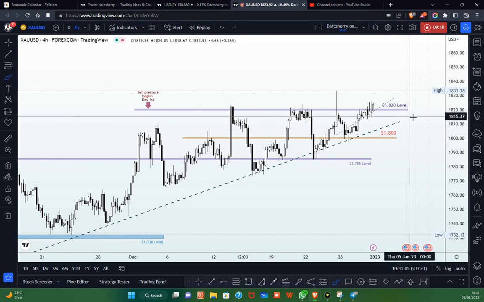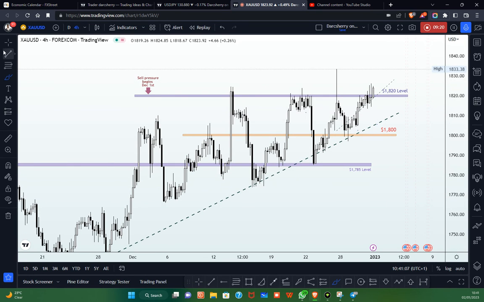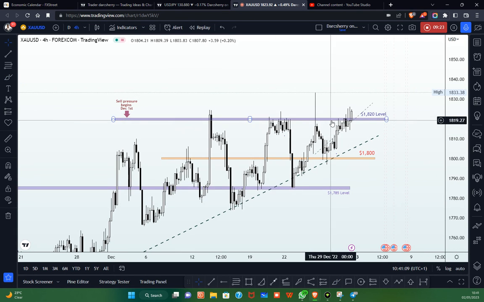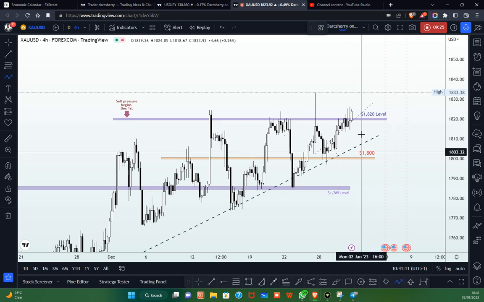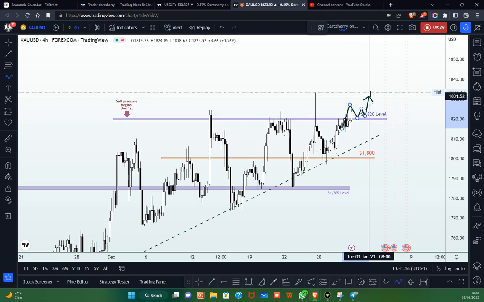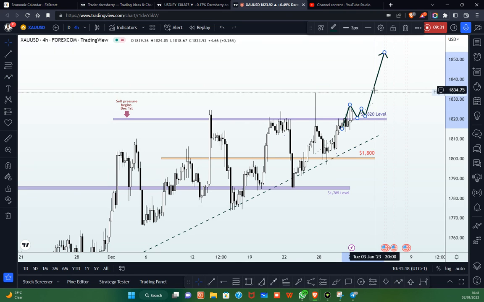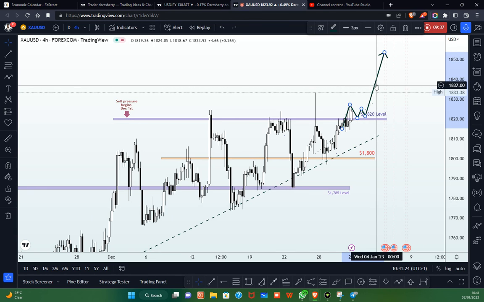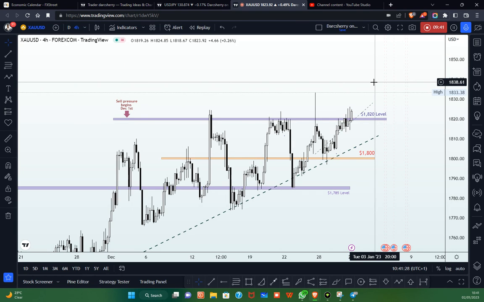And if at any point in time this week price breaks out of that level, that is the 1820, and we start seeing buy pressure right above the structure, then we might likely be looking out for buying opportunities to join that potential rally to the upside. So these are the scenarios we shall be looking forward to this week. So the breakout of the 1820 followed by buying pressure right above that structure is likely going to be giving us an opportunity to buy the XAUUSD.